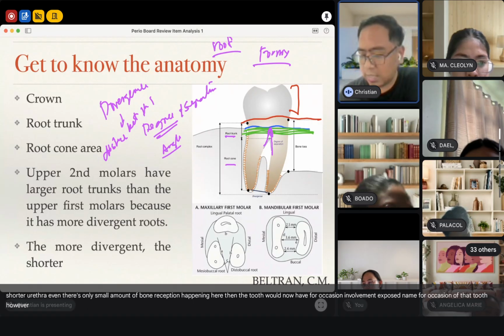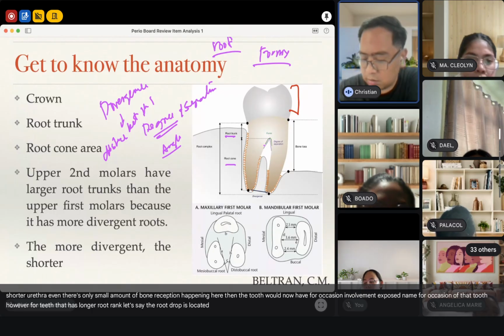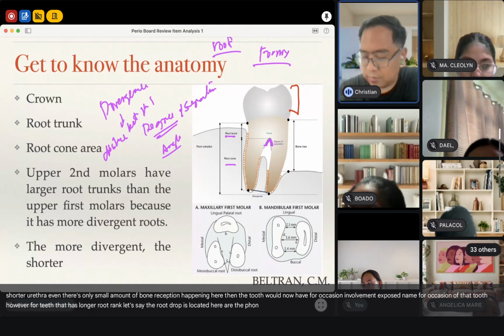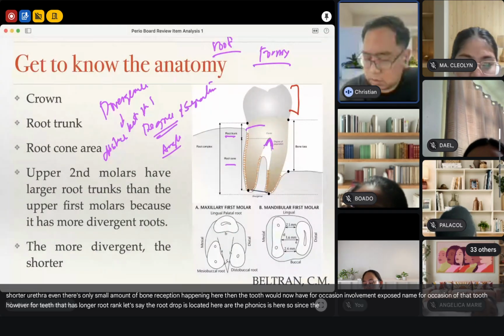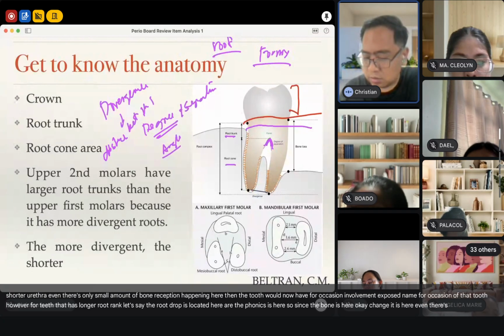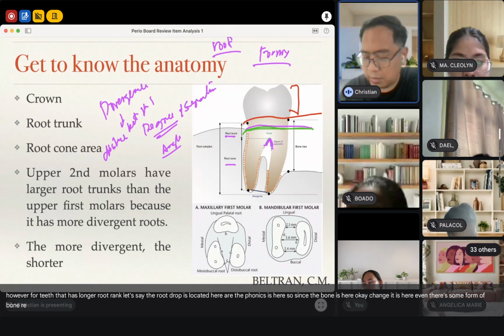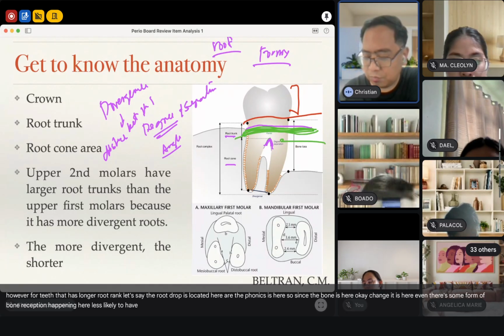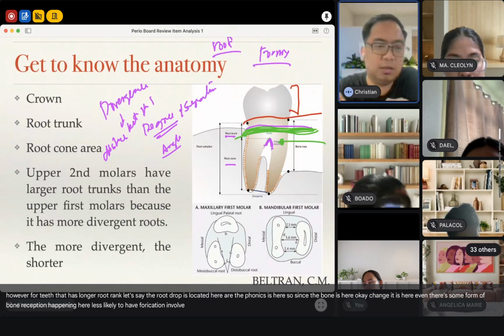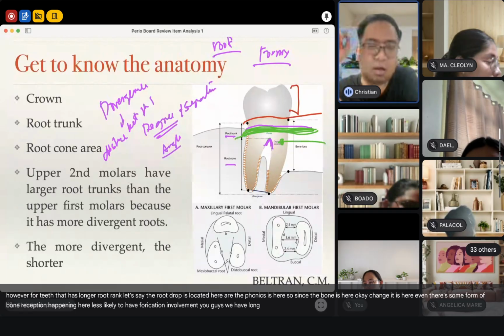However, for teeth that have a longer root trunk, let's say the fornix is here. So since the bone is here and the gingiva is here, even if there's some form of bone resorption happening here, it is less likely to have furcation involvement because you have a long root trunk.